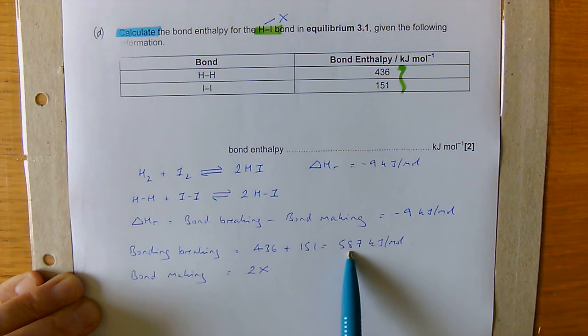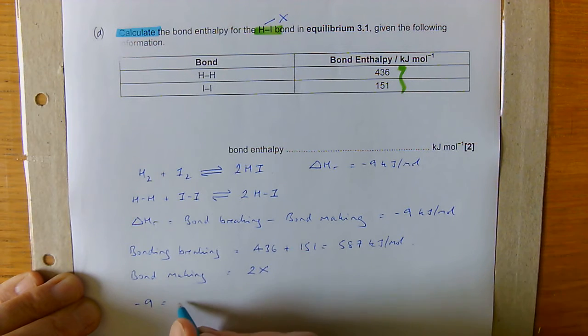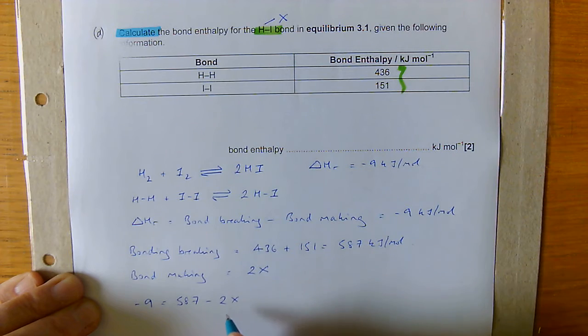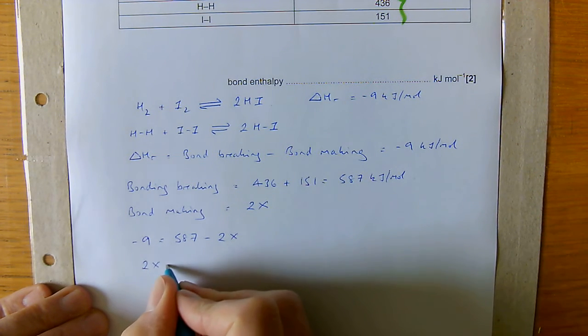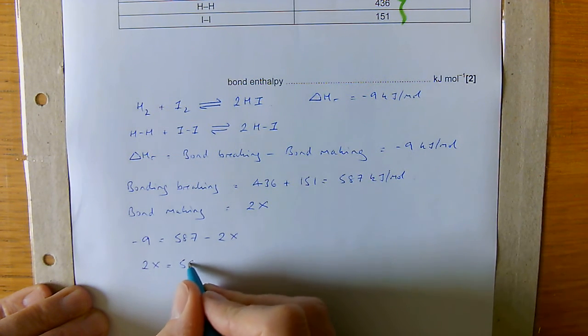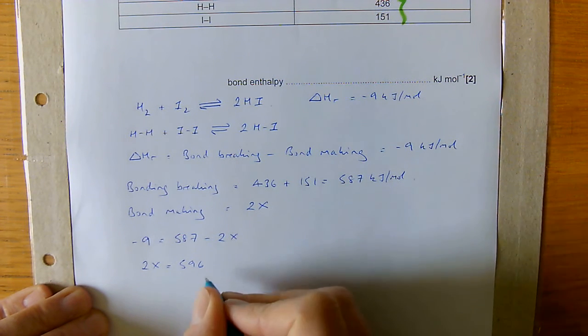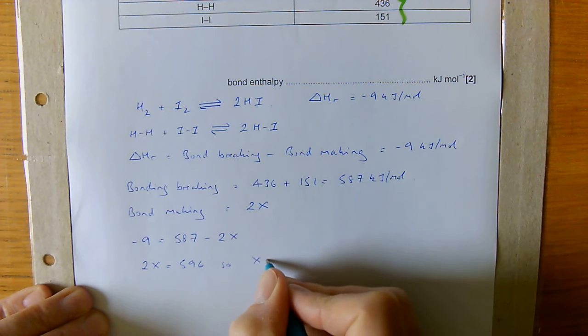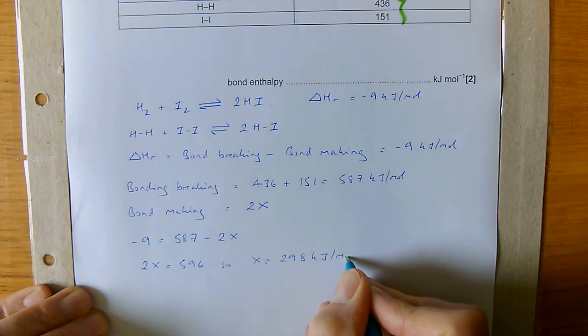So I put this number and my 2X into my equation, then I have my enthalpy of reaction minus 9 equals 587 for my bond breaking minus 2X, which if I rearrange that, I get 2X equals 596 by adding 9 to 587, so X equals 298 kilojoules per mole.